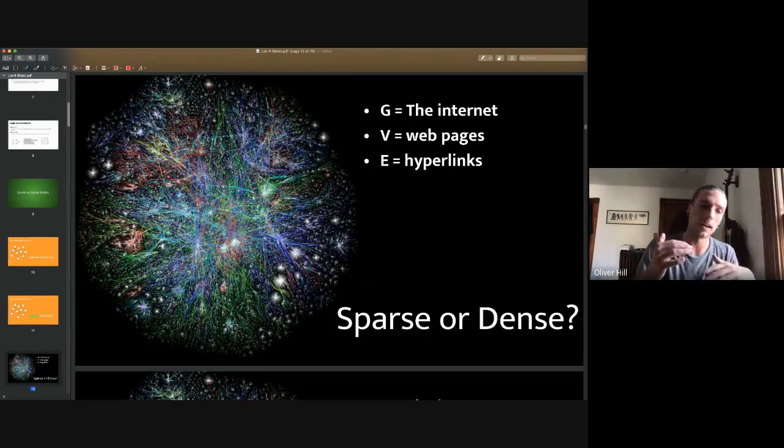So a very densely populated page of hyperlinks has maybe on the order of hundreds of hyperlinks on it, but there's billions of pages on the internet. What do you all think now? Is it sparse or dense?